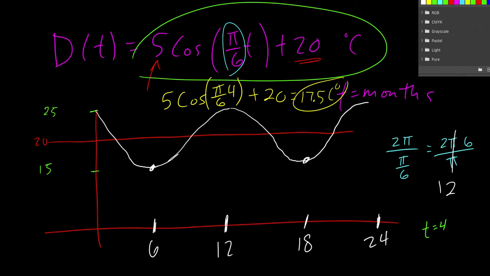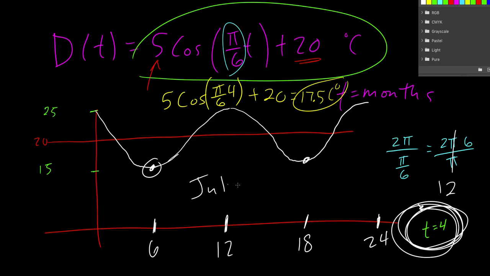And so it's going to be July, because July would be 7, but we're shifting it back 1. Just like when t equals 4 is May, which is the 5th month, we're taking 1 away from that. So we need to go to the 7th month, come back 1, and that's where our minimum is, which is at 6, and so that happens in July.